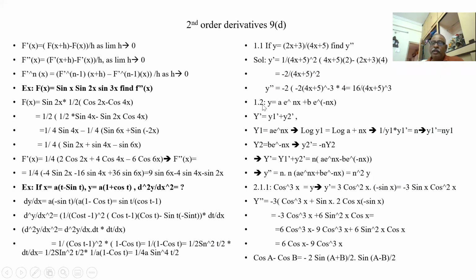Now, let us see this problem. y is equal to a e to the power of nx plus b e to the power of minus nx. So y dash is easy. y dash is equal to a n e to the power of nx.